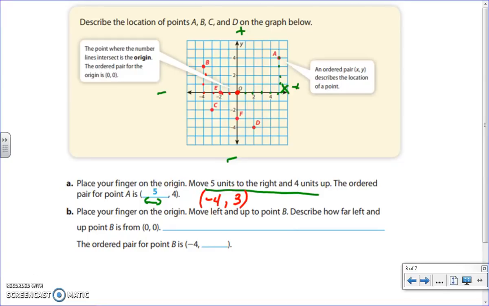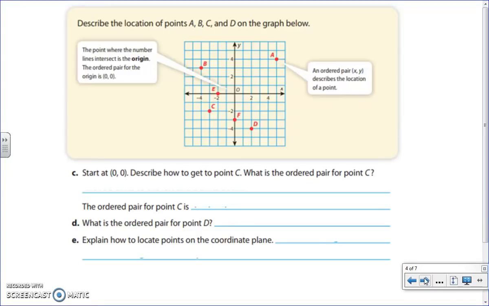We always go left and right first, up and down second, x first, y second. So I move 4 units to the left and 3 units up. The ordered pair for B is negative 4, 3. We chose 3 and not negative 3 because we're going the positive direction. Notice how I did not write a plus sign in front of the 3. I just wrote 3, and that indicates positivity.